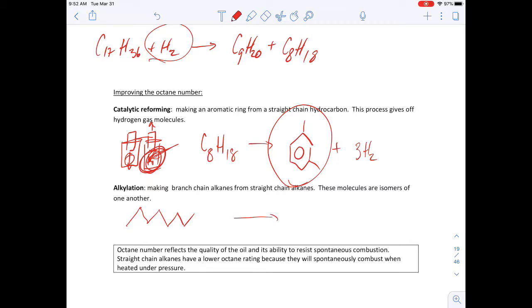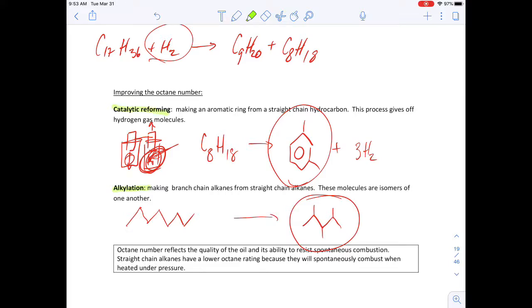That straight chain, if instead it had branches, this kind of molecule also resists combustion under higher pressure and higher temperature. And so having more of those two kinds of molecules, aromatic rings and branched chain alkanes, increases the octane number, and they can charge more money. So they can do that through reactions like catalytic reforming and alkylation.